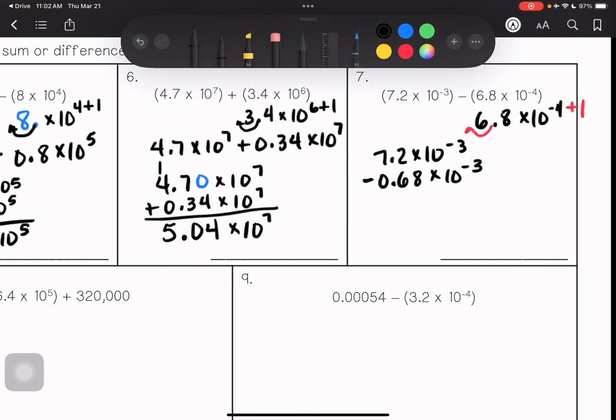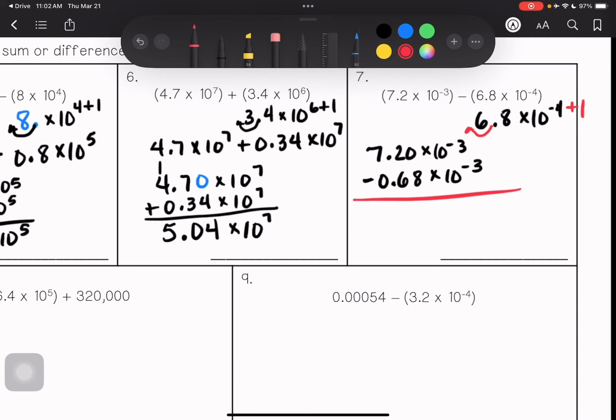Okay? If I line up my decimals to subtract, I need to add a 0 in this place. So let me rewrite this. So this would be 7 and 20 hundredths times 10 to the -3.